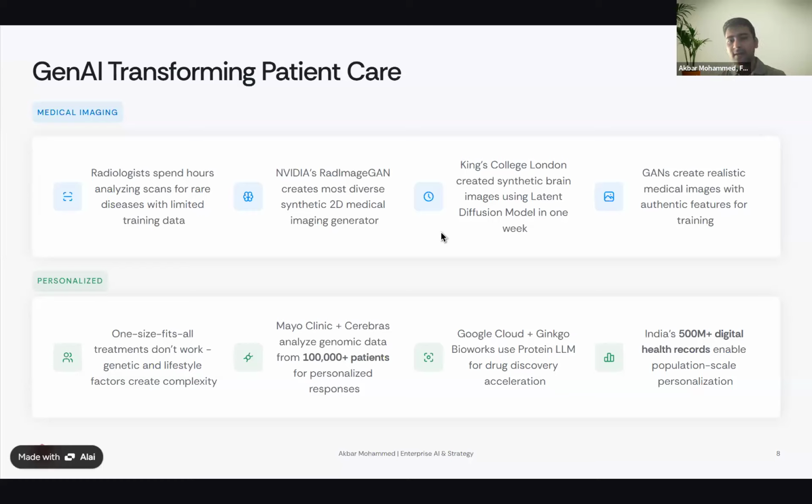There have been studies done where they took an AI and they put a panel of actual radiologists to see who is better. I think somewhere in 2015, 2016, the humans are still better, but since 2018, 2019, the AI is consistently superior.